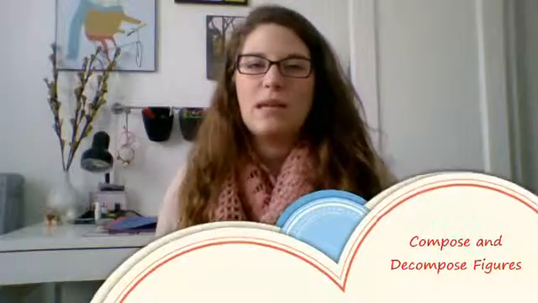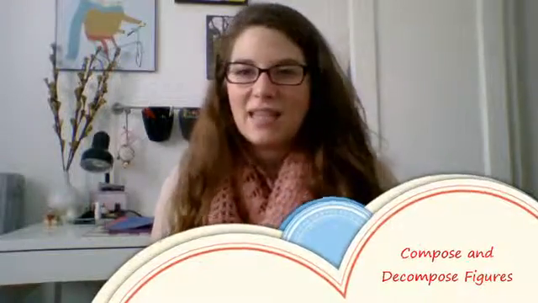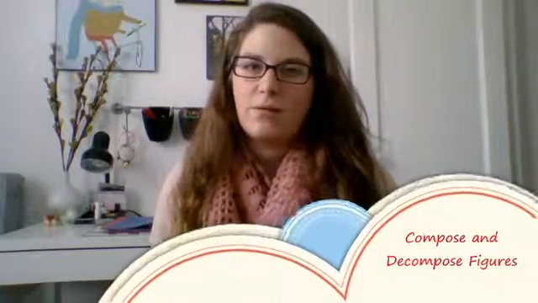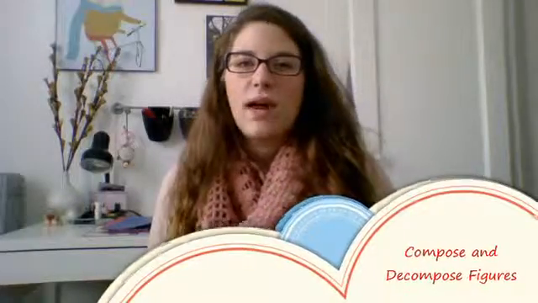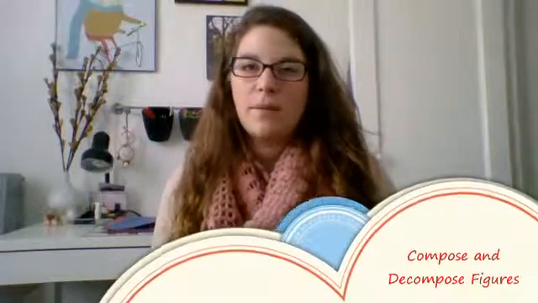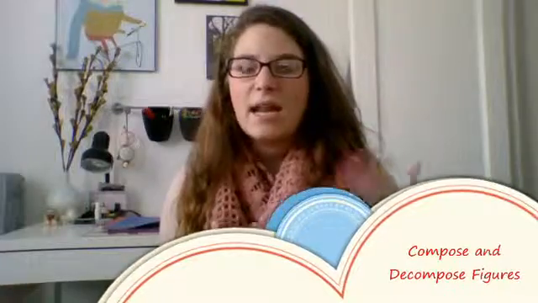So students need to be exposed to that, and they need to be able to make them for themselves. We want them to be able to recognize a square for a square. We want them to be able to take apart that square and see that all 4 sides of the square are of equal length, and we want them to be able to make them for themselves.